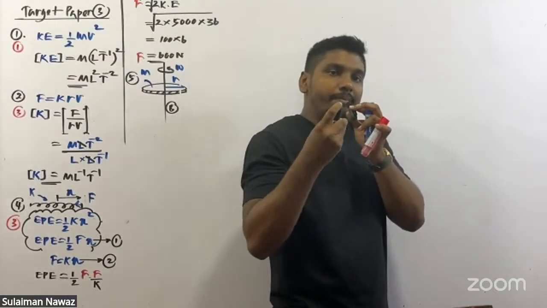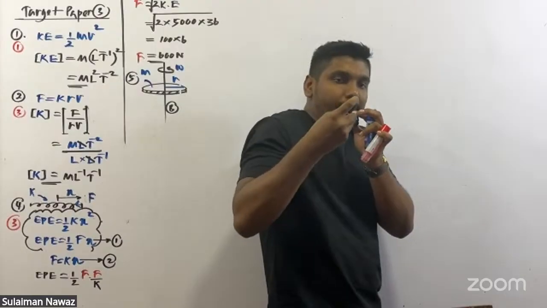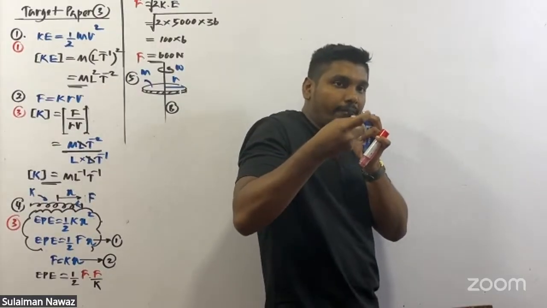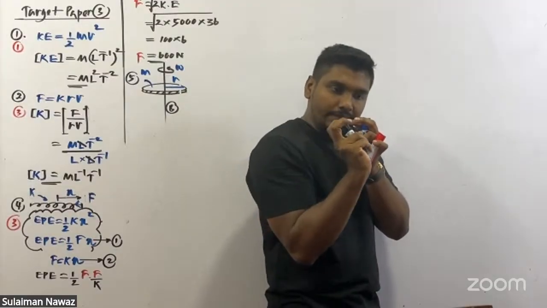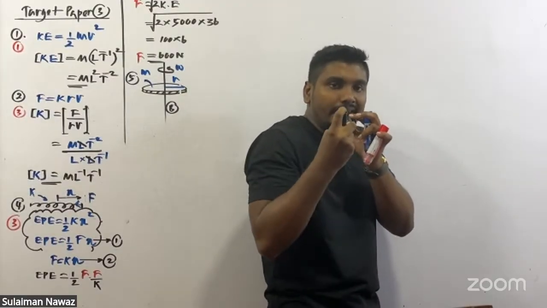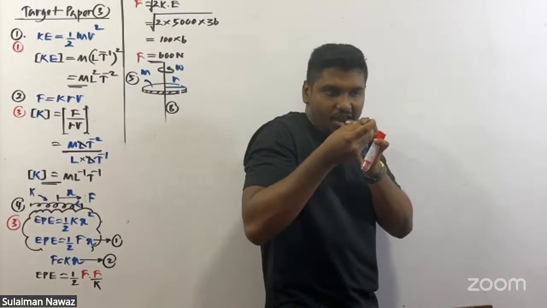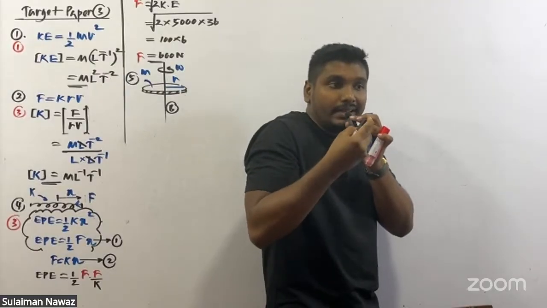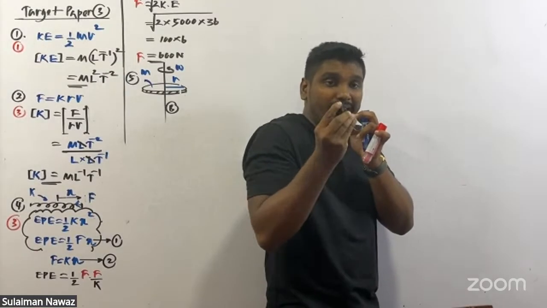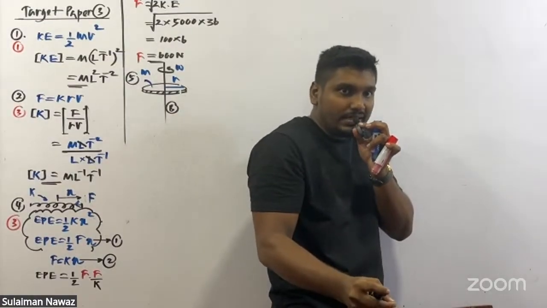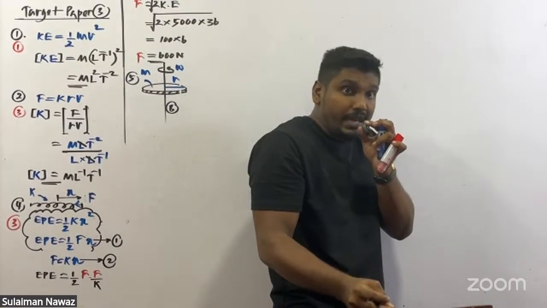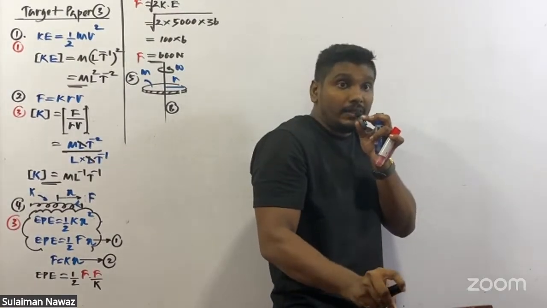Now, why have they given that we are placing the second disk on top of the first disk gently? Gently means, remember, during this process there is no resultant torque acting on the system. That's why they mention gently. When you place it gently, there won't be any forces acting on the system. As a result, there won't be any resultant torque acting on the system.